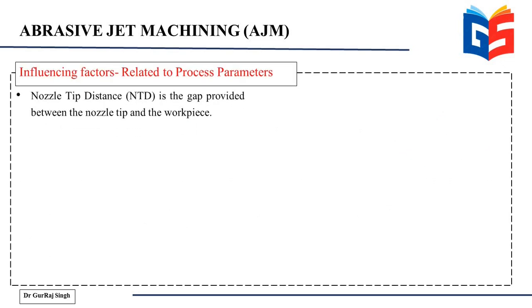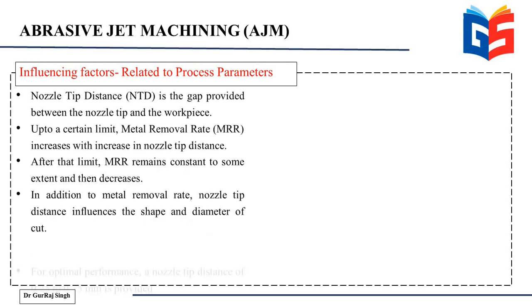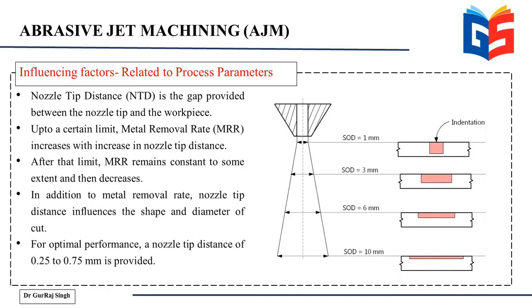Next, we have the nozzle tip distance. So what is the nozzle tip distance? A nozzle tip distance, also called standoff distance, is basically the distance provided between the nozzle tip and the workpiece surface. You can clearly see here that at an SOD, or standoff distance, of 1 mm, the indentation is deeper and narrower.